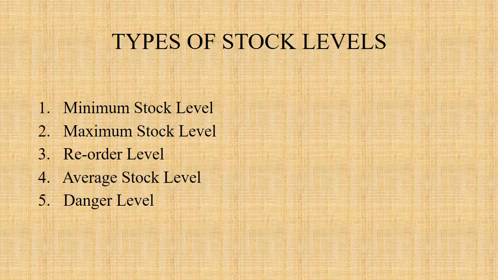Average stock level, the average level of stock that should be held by an organization. And finally, danger level, as the name suggests, it gives us an alert. This is a level of stock below which the stock should never be allowed to fall. We will look into the details of each of the stock levels.